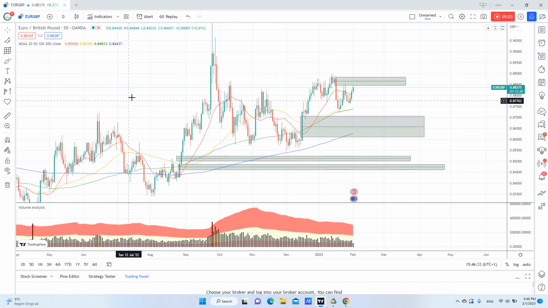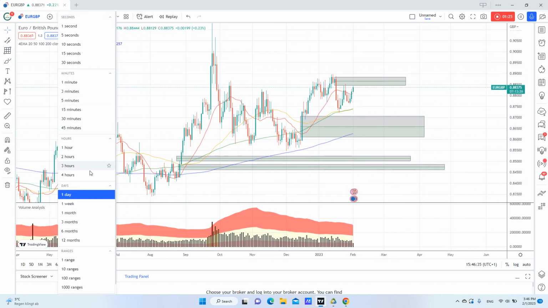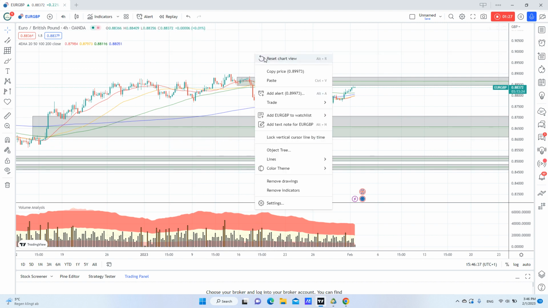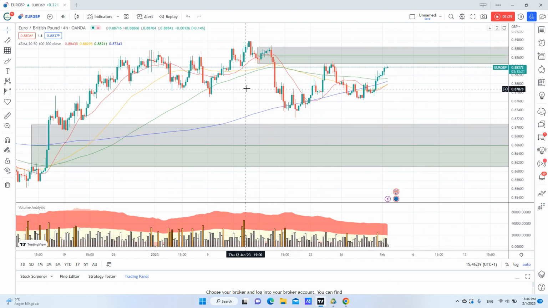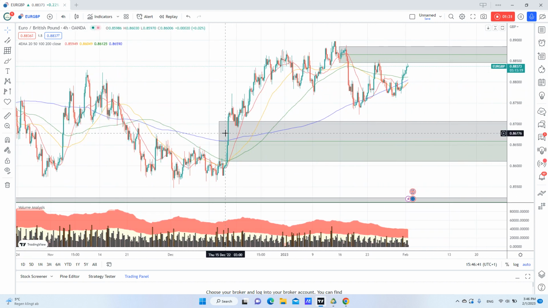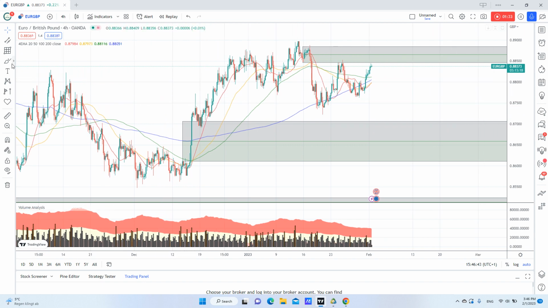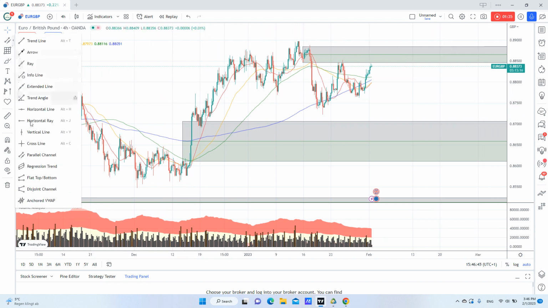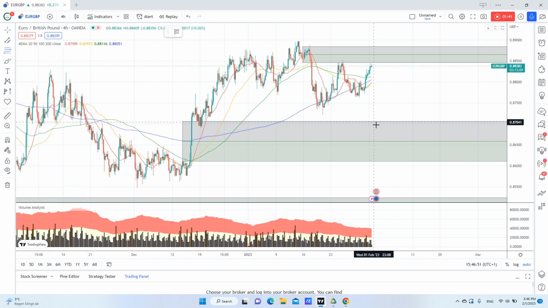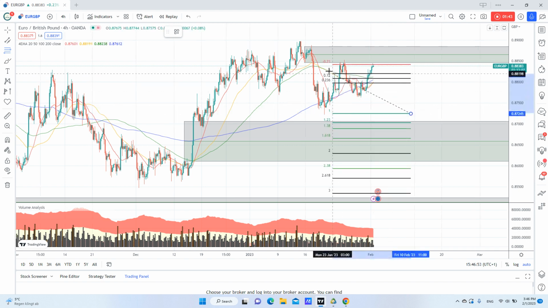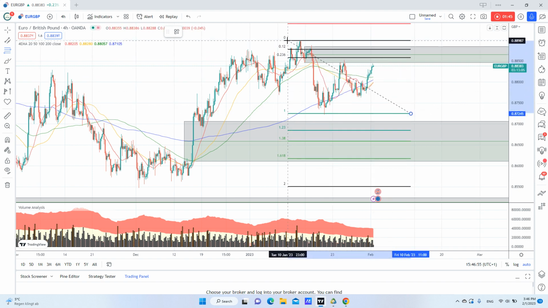and we will get closer to the 4-hour chart to see in much more detail how it looks. Our position will actually look like this. I will enter at maybe 77 or even more.